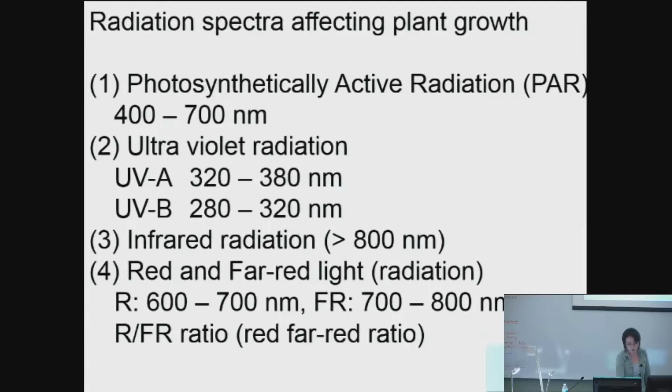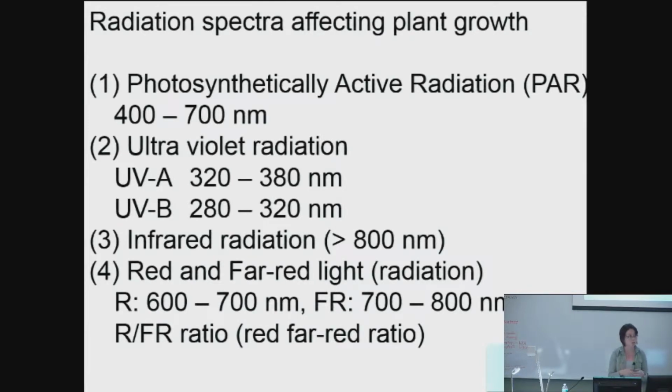Okay, and red and infrared is very important to understand phytochrome response. Phytochrome is a photoreceptor of the plants. It's involved in many different responses. And typical response is stretch, and then also germination.